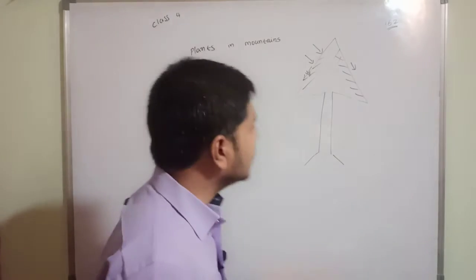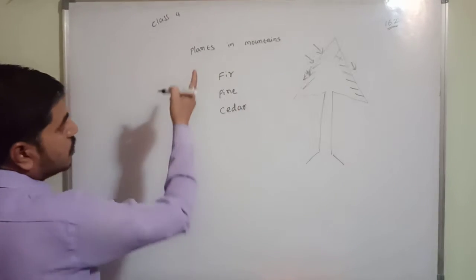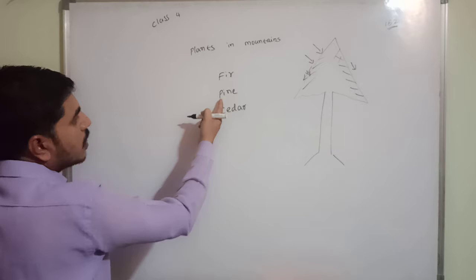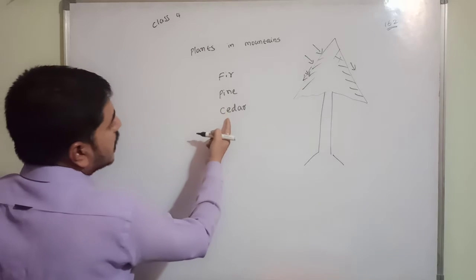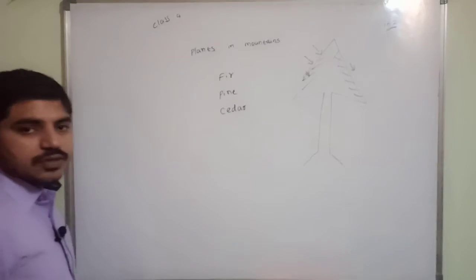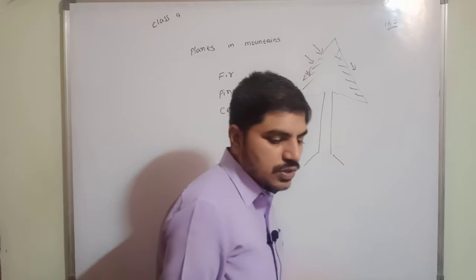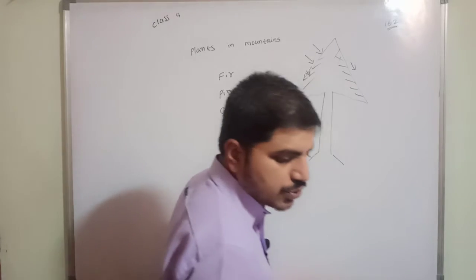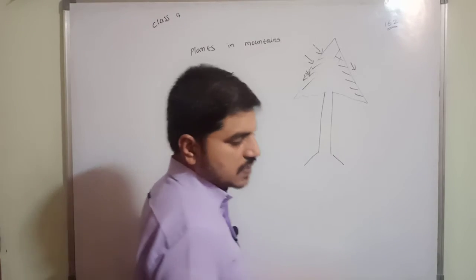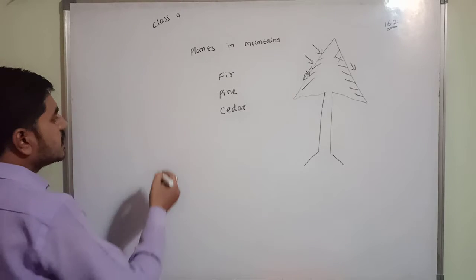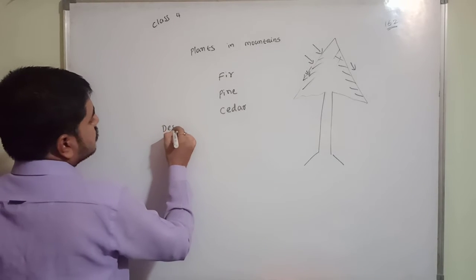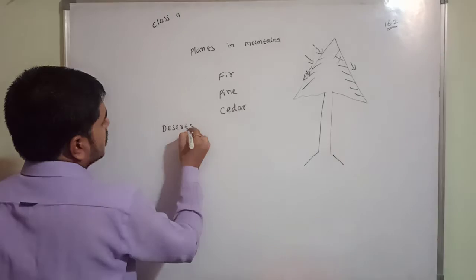What does it mean in desert areas? In the mountain areas, fir, pine and cedar plants are growing. Now next, other plants are present in the deserts.